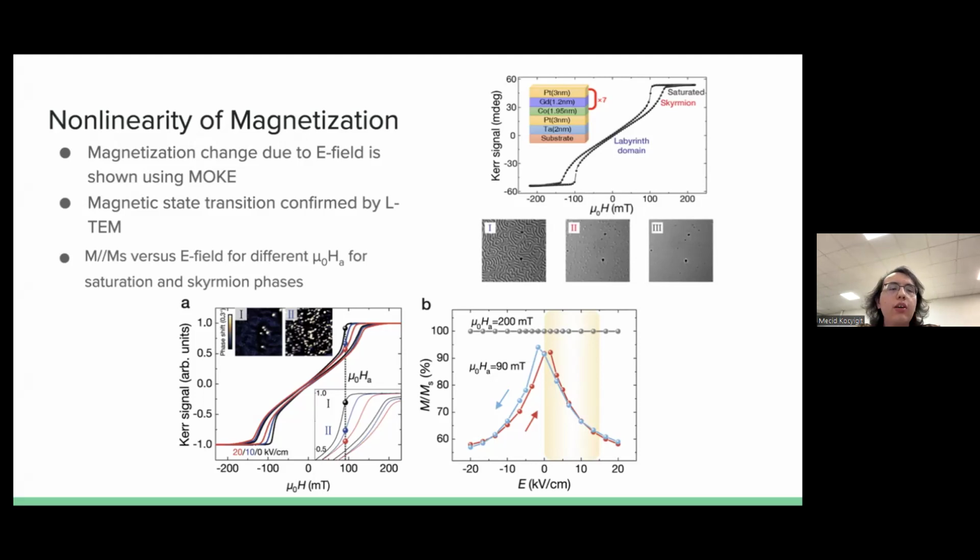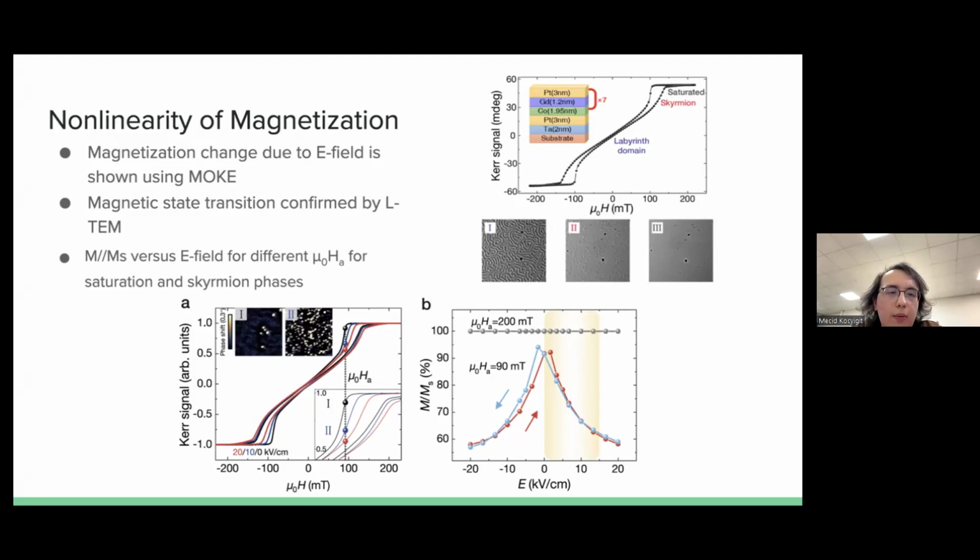To investigate the relationship between magnetization and the electric field, we extract the remnant magnetization M over MS from the figure A at two different external magnetic fields.